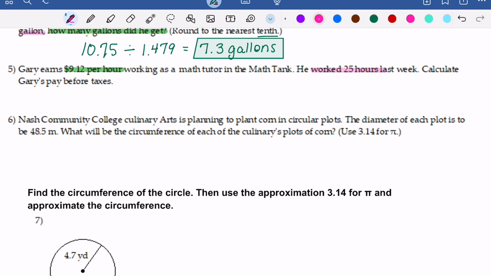So to calculate his pay, we're going to take how much he earns per hour, 9.12, and multiply that by the number of hours he works. And so when we multiply that, it gives us a total of $228.